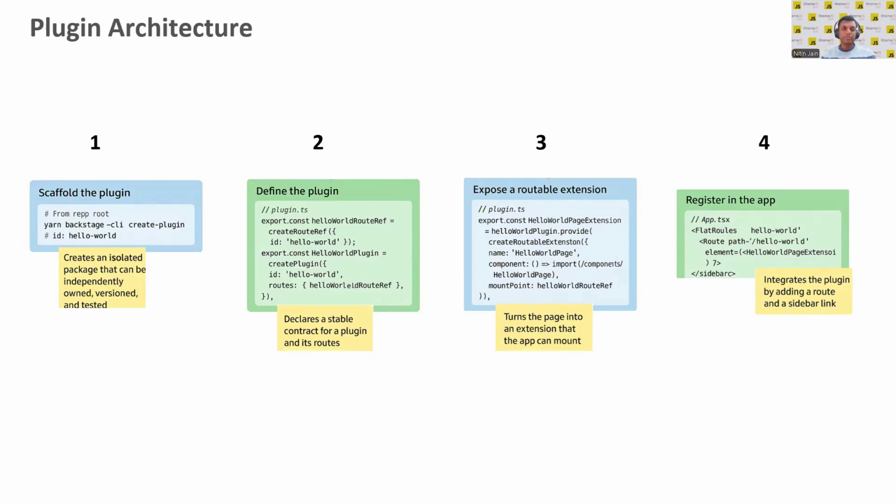You could test your plugin as well. You can deploy your plugin independently of other plugins or other applications. No hidden magic, no special cases, just a clean, predictable pattern. This is why Backstage scales so well across big organizations and everyone follows the same building blocks.